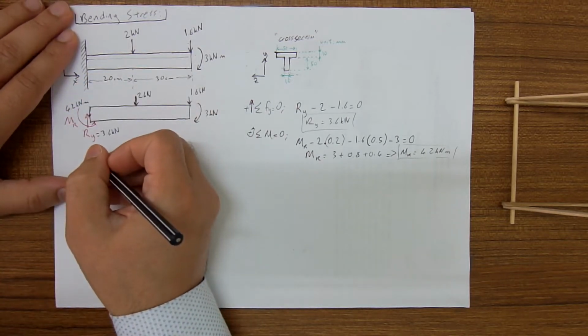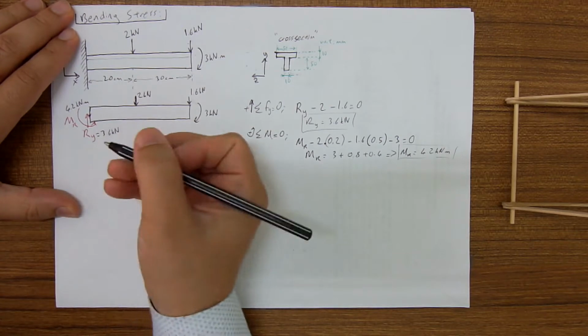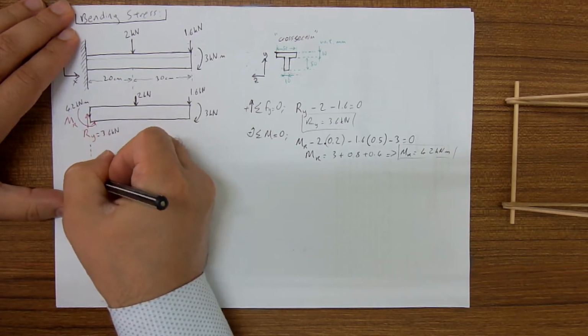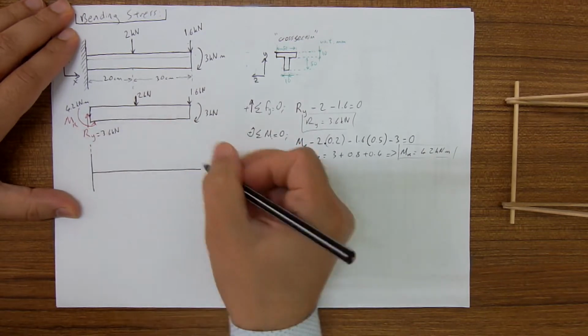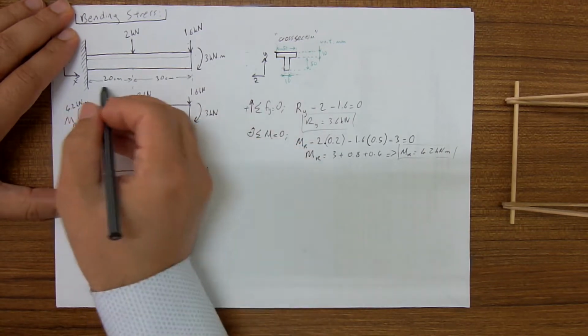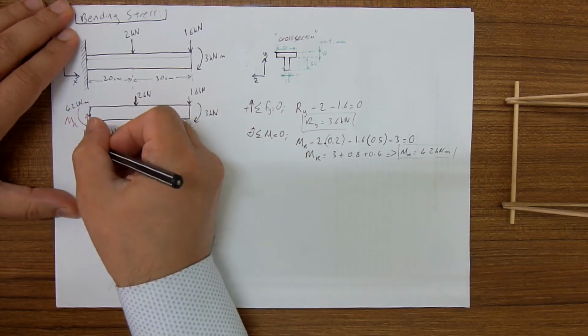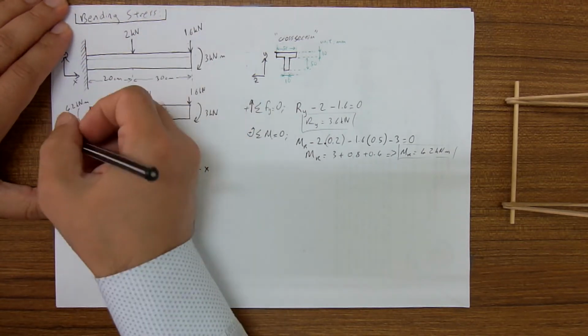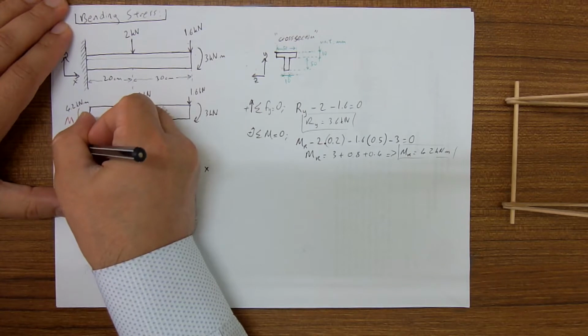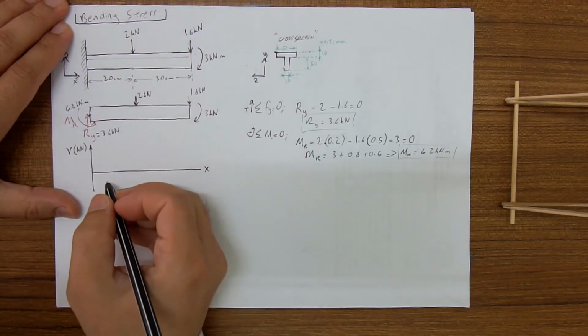So from here I can proceed to the shear diagram. On the x-axis we have this distance, on the y-axis we have got V, and the unit is, let's say, kilonewton, as given here.